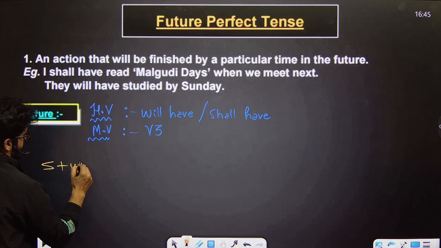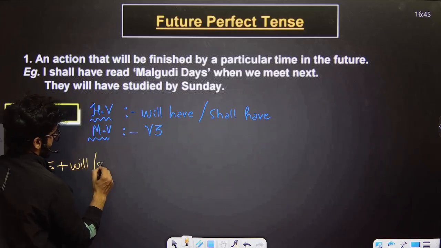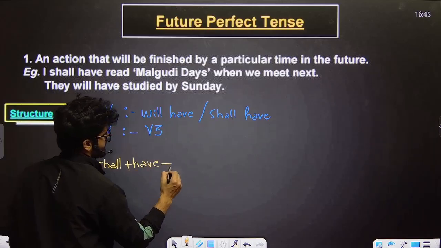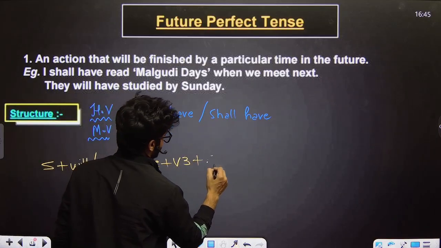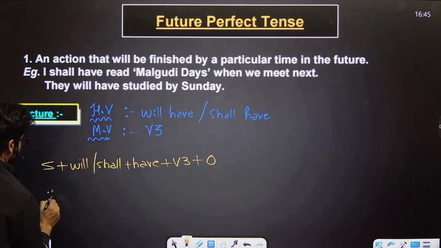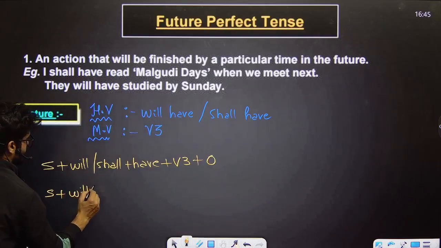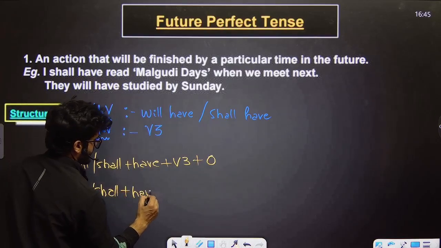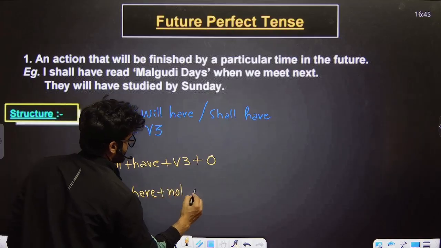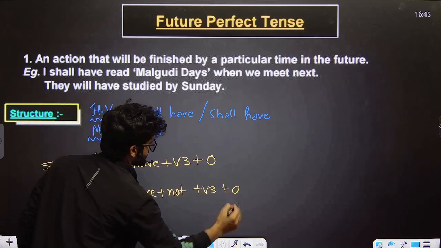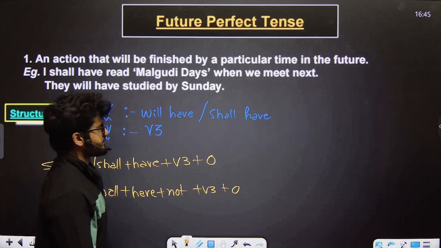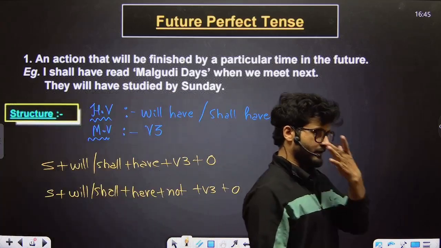Subject plus will, shall, have plus verb 3 plus object. Subject plus will, shall, have, not, verb 3 plus object. And in the case of interrogative, will and shall will come in the front. Note it first.